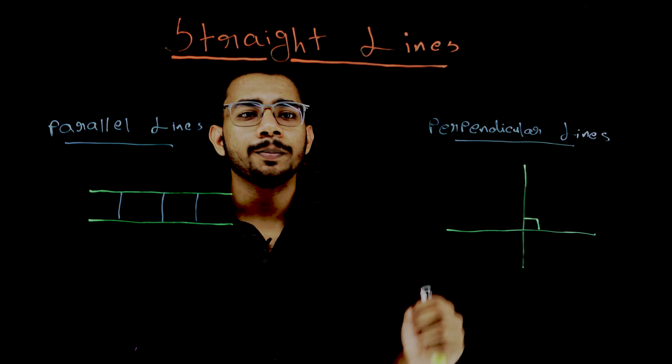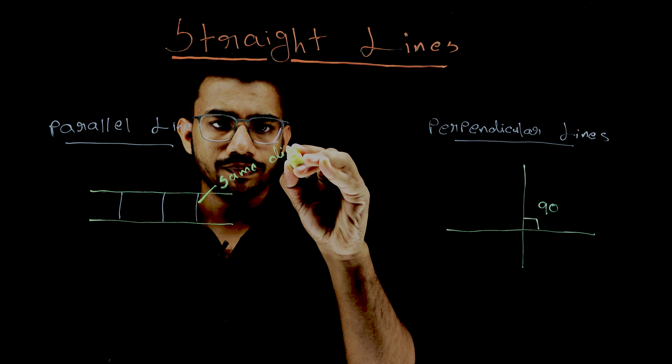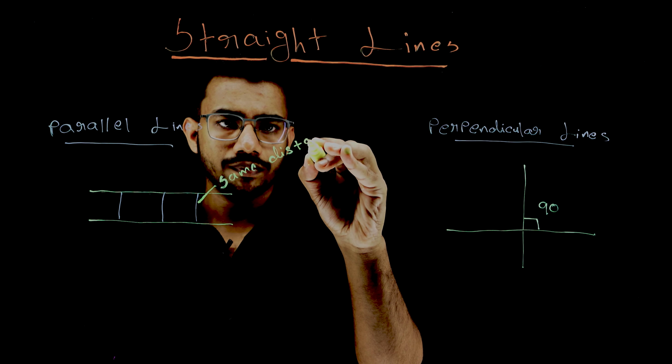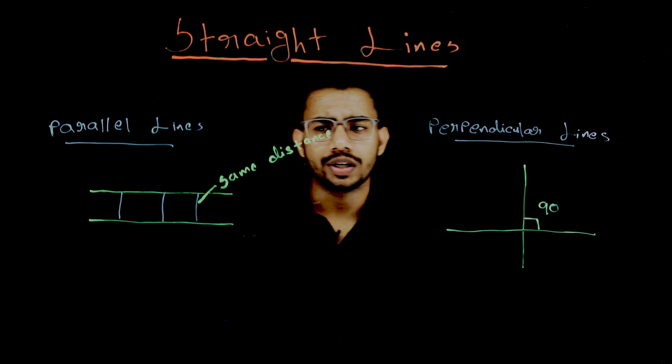So perpendicular lines meet together, and at the point of their meeting, the angle created will be 90 degrees. In the previous case, it was the same distance. So that is what we mean by parallel lines and perpendicular lines.